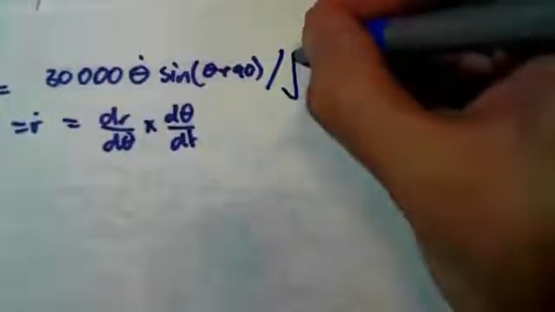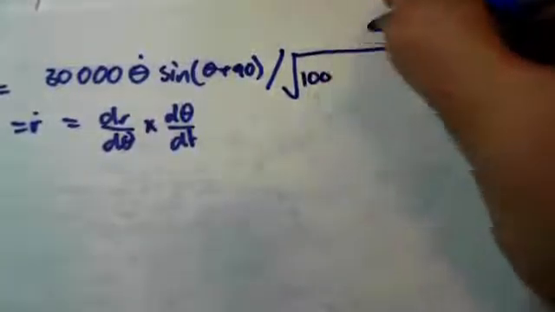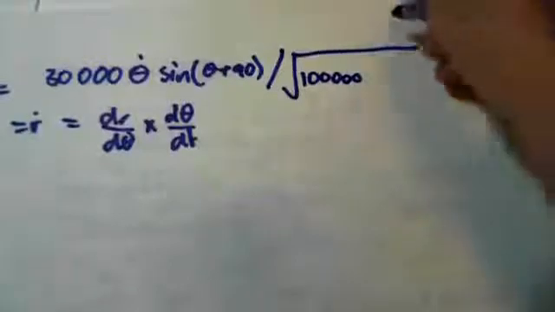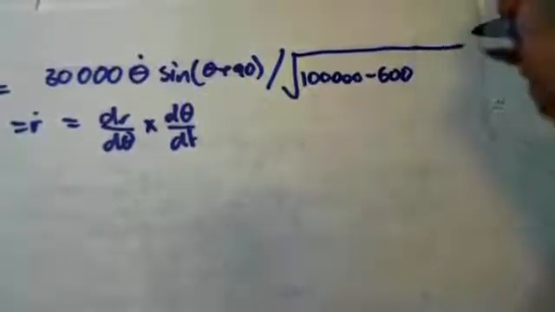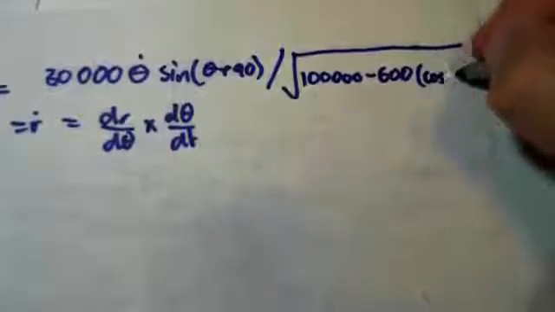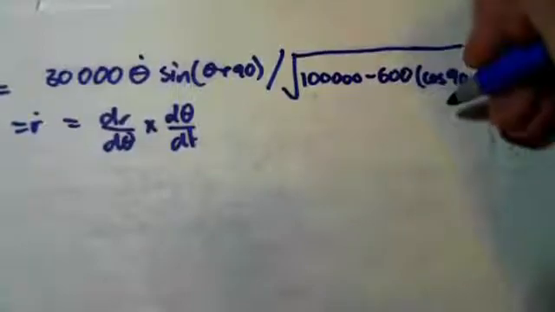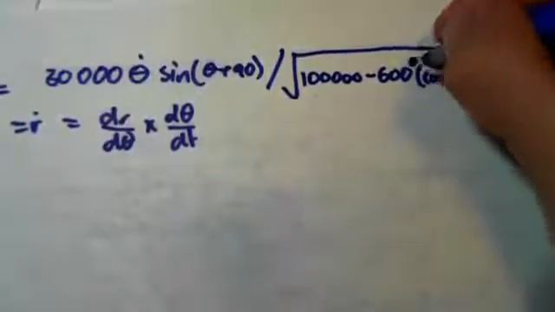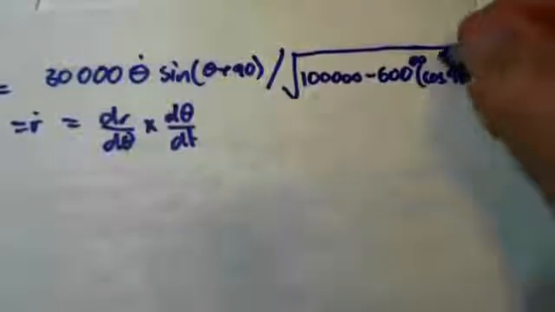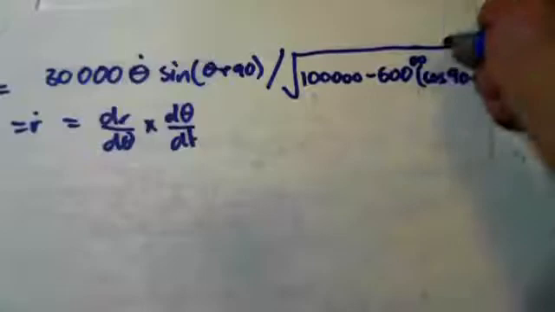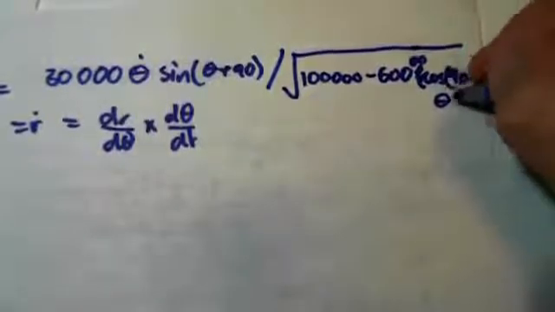That's over the square root of 100,000 minus the 60,000 cosine of 90 plus theta, in brackets.